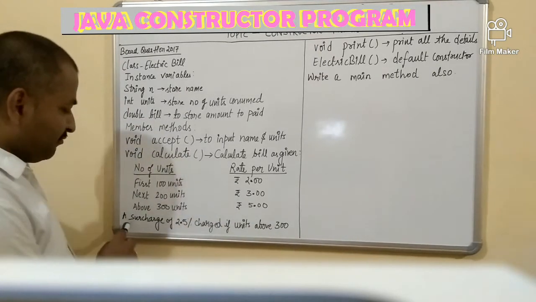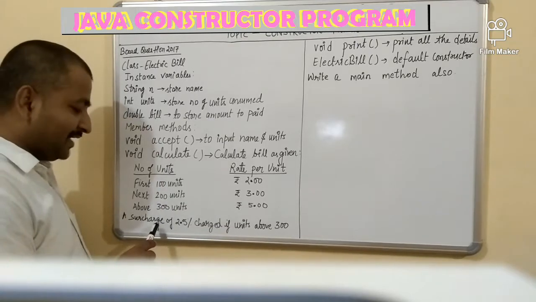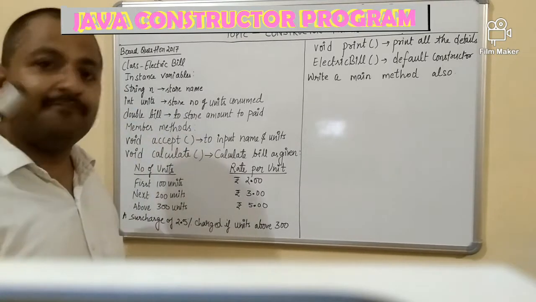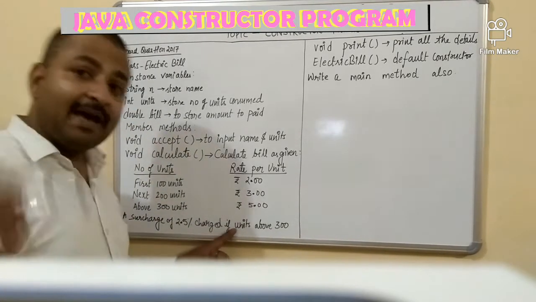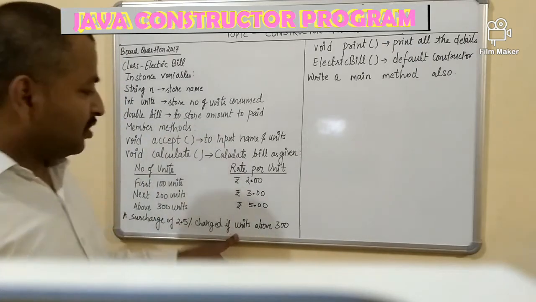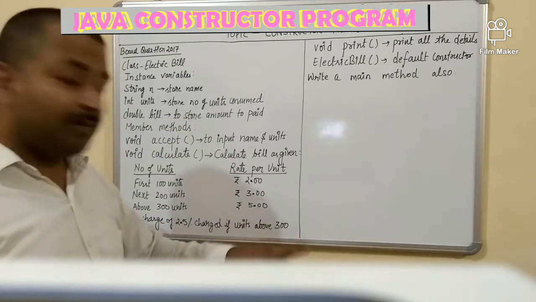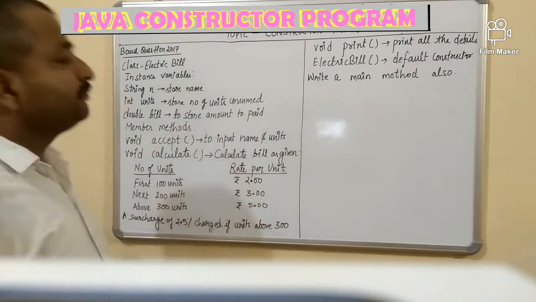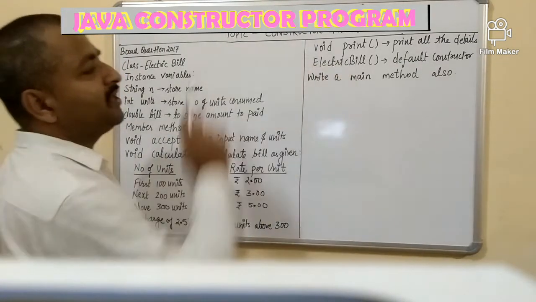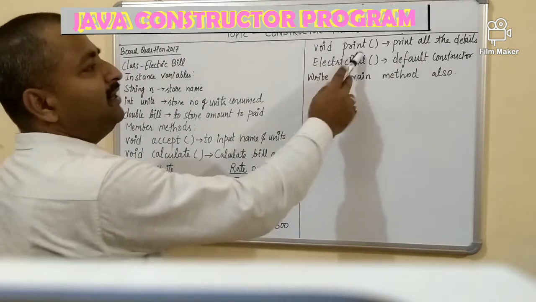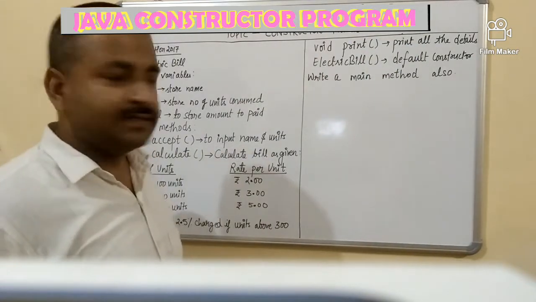And one more thing, a surcharge of 2.5% is charged on the bill if the units go above 300. Clear? Next function has to be created to print all the details, void print.